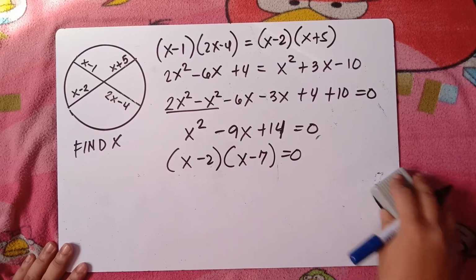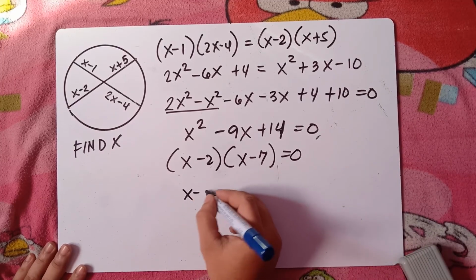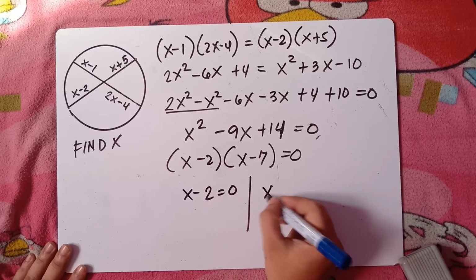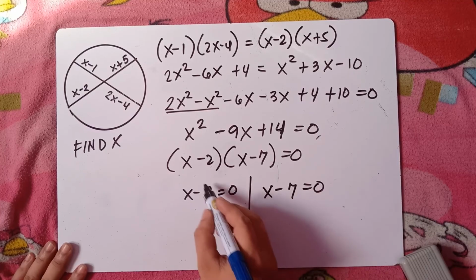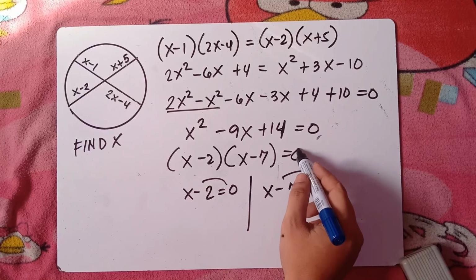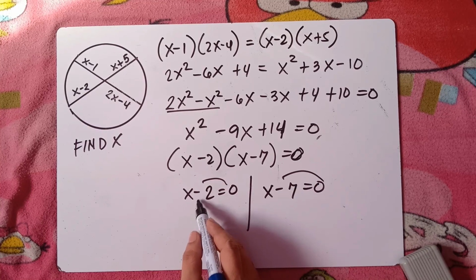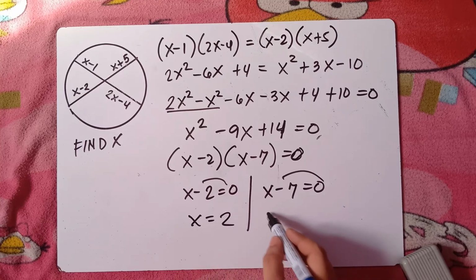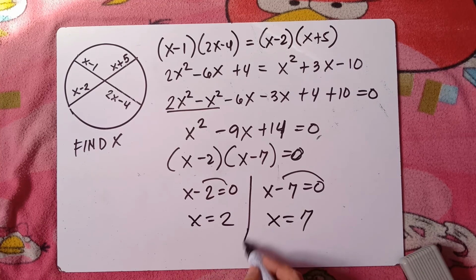So equate to 0, class. This will be x minus 2 equals 0, x minus 7 equals 0. Transpose. You equate that to 0 because we have equals 0. Transpose, this is negative, x equals positive 2, x equals positive 7.